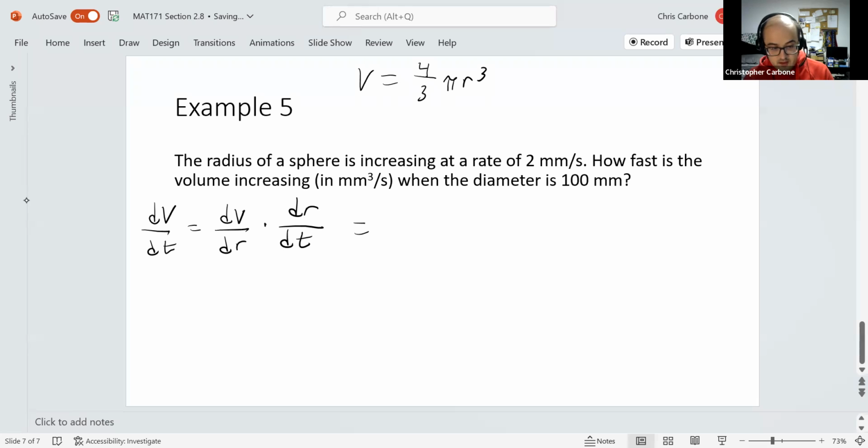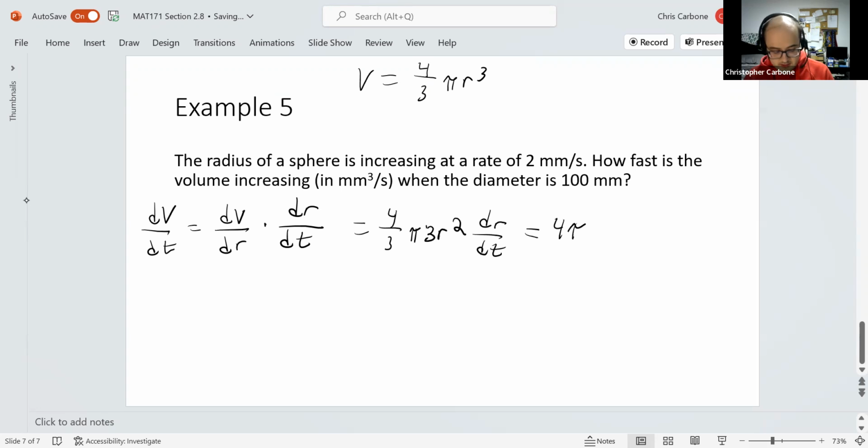So that is 4/3 times pi times 3 r squared times the derivative of r with respect to t.